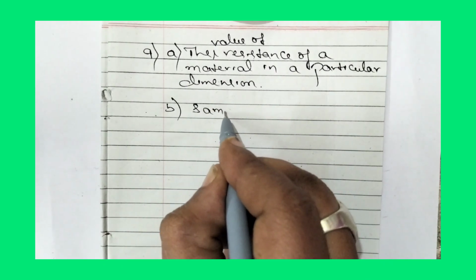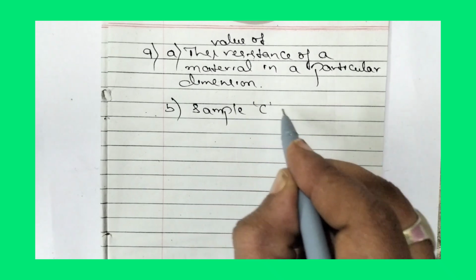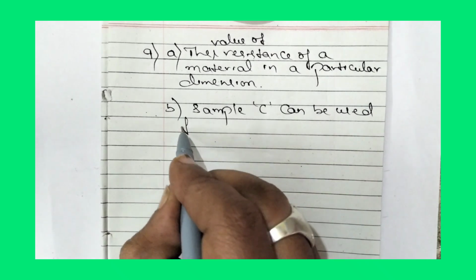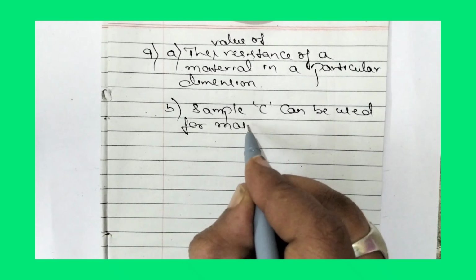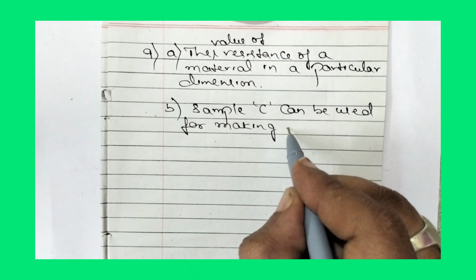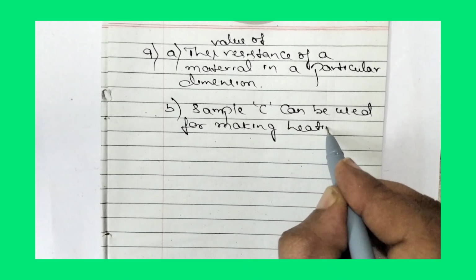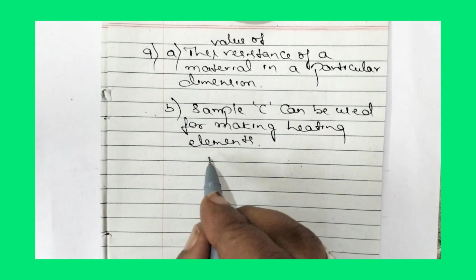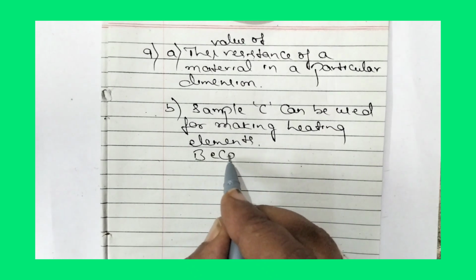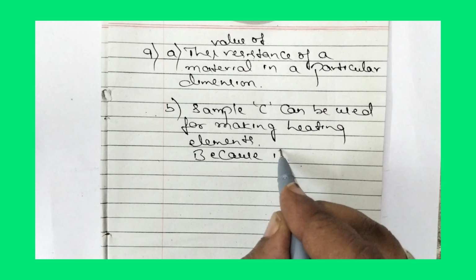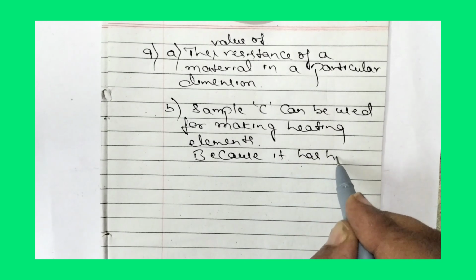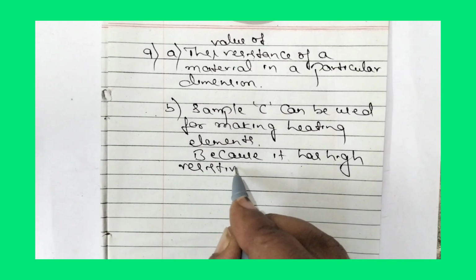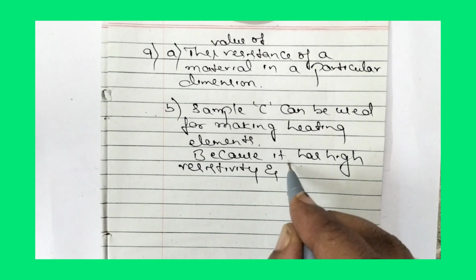Sample C can be used for making heating elements, because it has high resistivity and high melting point.